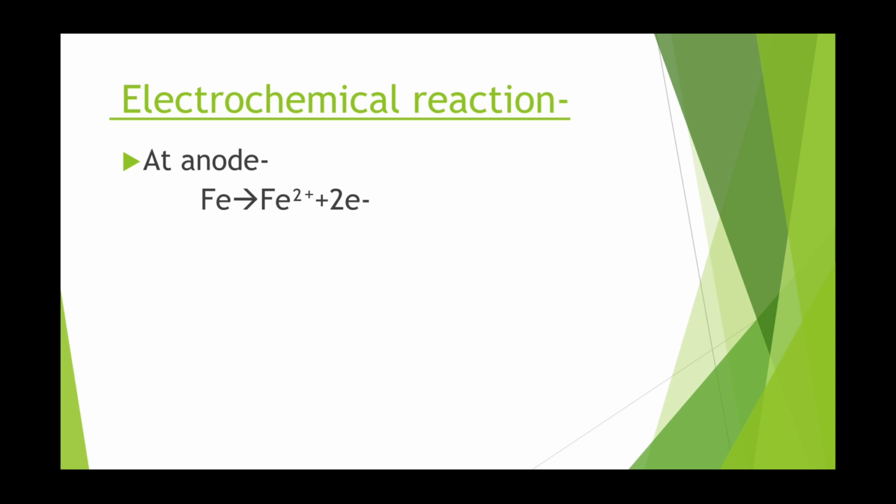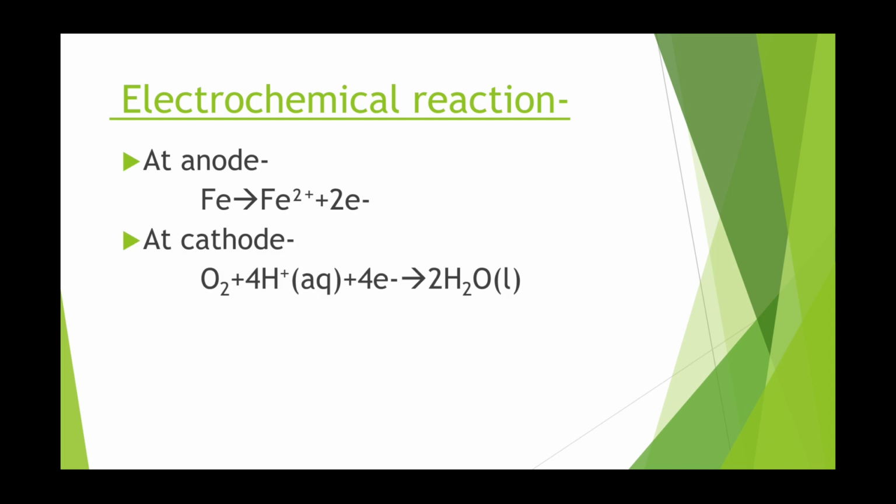The electrons lost by Fe, and hydrogen ions, are accepted by oxygen, and oxygen is reduced to form water. Here we can see in the reaction that O2, that is oxygen, accepts 4 hydrogen ions and 4 electrons from Fe, and water is formed.